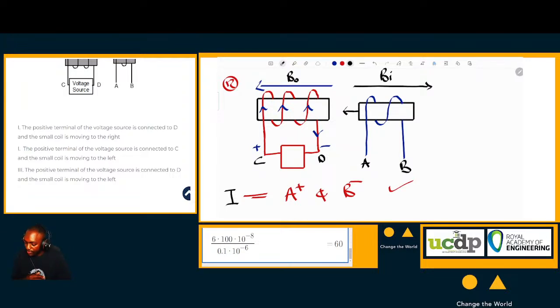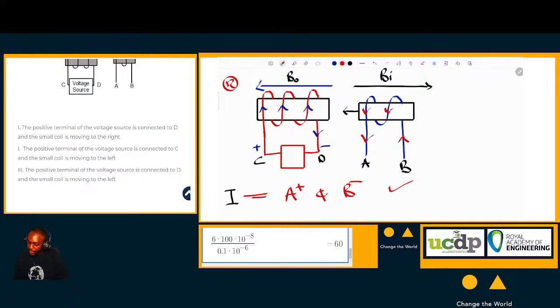So again, we've got the induced magnetic field in the same direction as the one that we had previously in the previous question. So if you use your right hand grip rule appropriately, you would realize that your current would move in this direction, which is what we had earlier on.